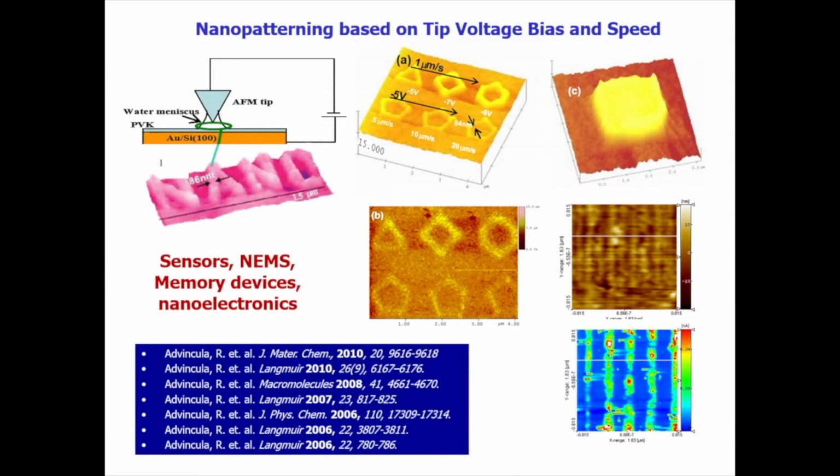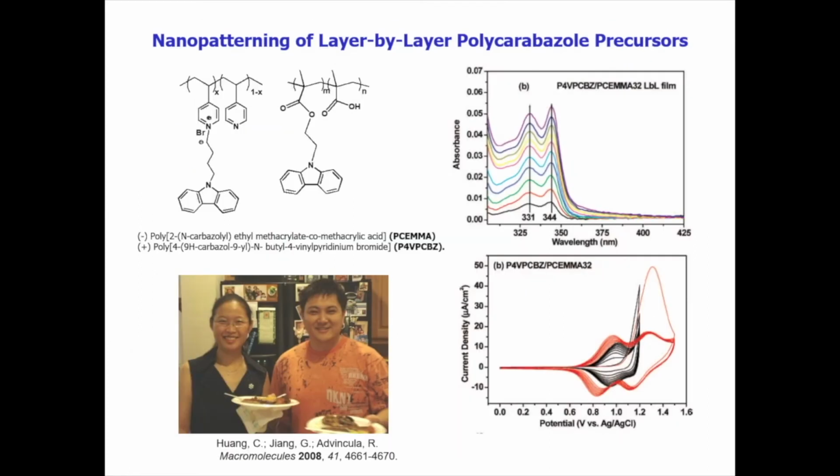So we made patterns, we investigated the function of the current, the function of the distance, we made devices for memory applications, and so on. One of the projects that my students did is I asked them to pair with the synthesis of new polycarbazoles. These are very good hole transport materials for a lot of junction devices. So Cheng Yu, my student, synthesized these new polymers, but she cannot do AFM.